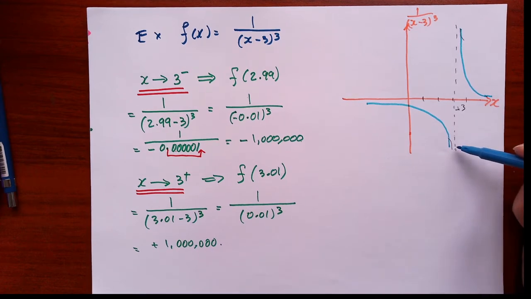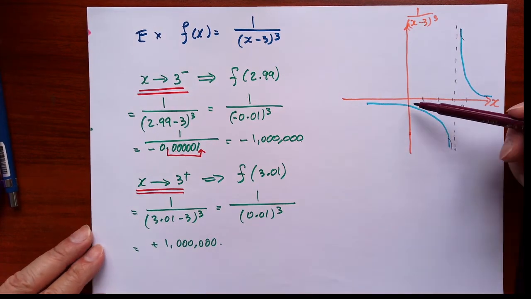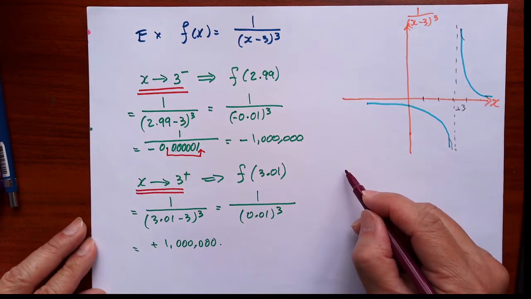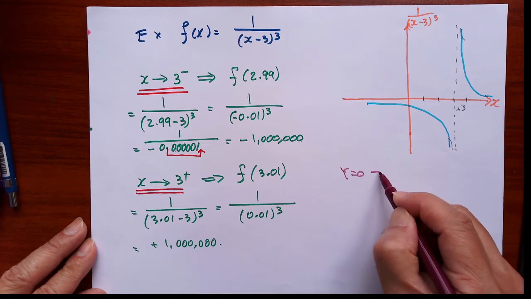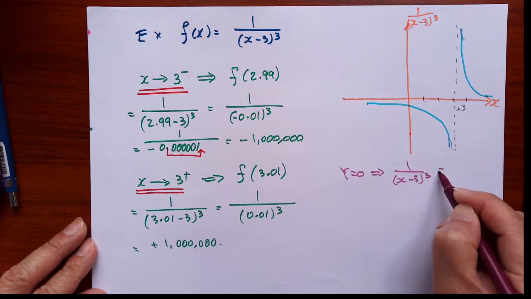And there is an asymptote at x equals 3. Right here. This is the asymptote. And the function crosses the y value at y equals 0, means 1 over (x minus 3) cubed equals 0.